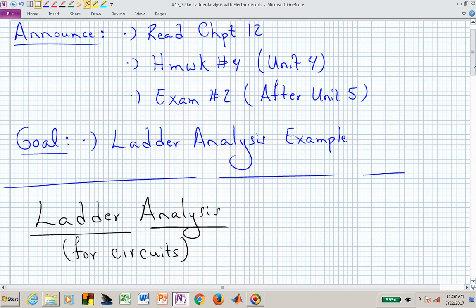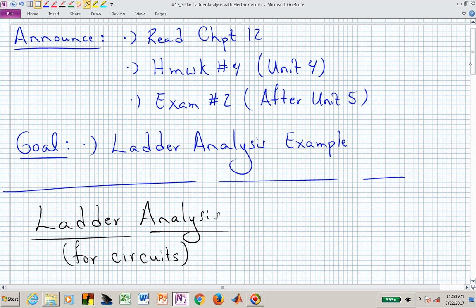What we want to do today is something that you maybe haven't seen before, and that is actually performing ladder analysis on circuits.